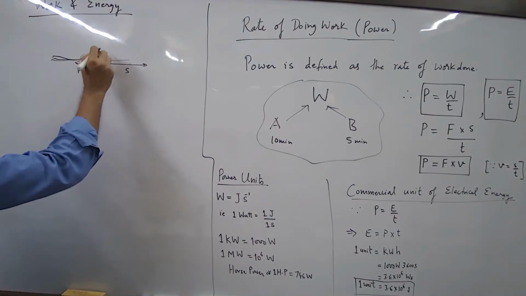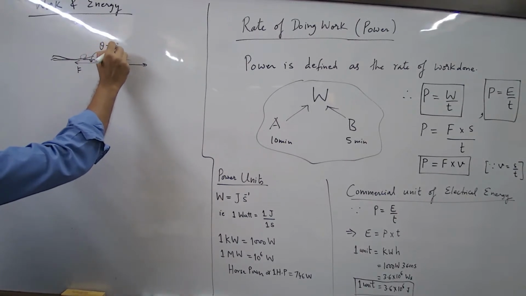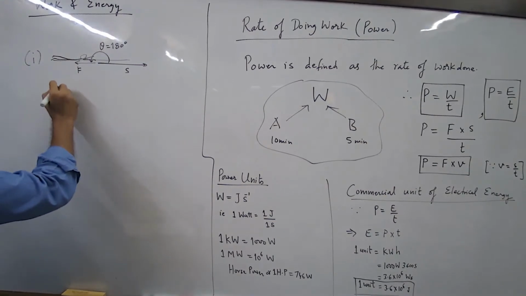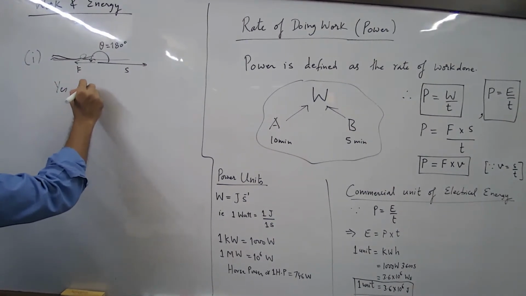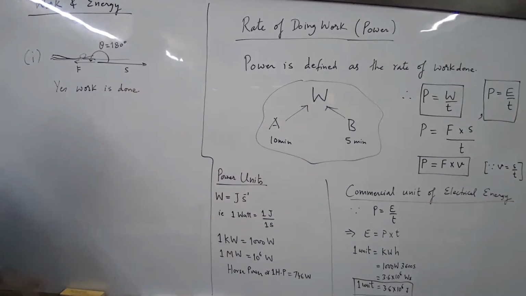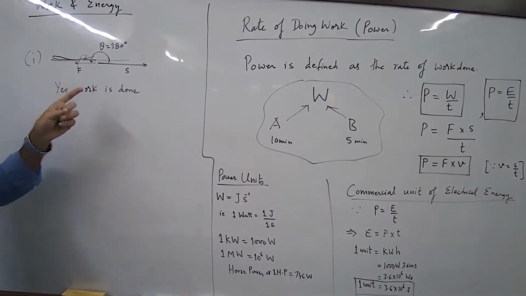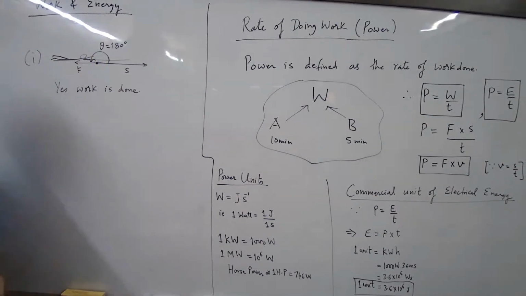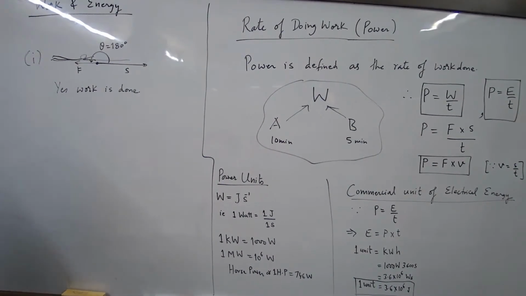That's why it is negative: 180 degrees. So the answer is yes, work is done. Positive or negative, you can make out like this: the angle between force and displacement decides whether work is positive or negative. So this is negative. Got it? Next.